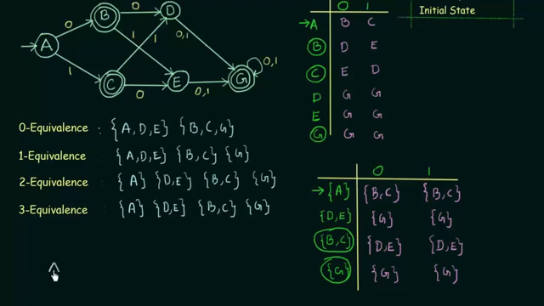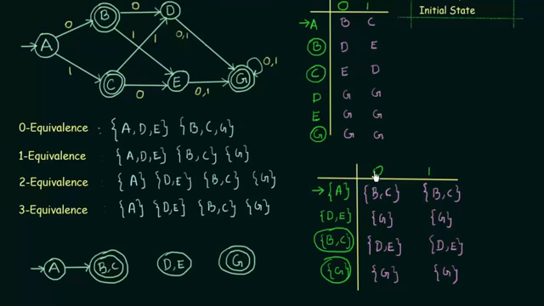So here we have A as my initial state or starting state, and then we have another state called BC. BC is another state, and let us know that BC is the final state, so I put two circles around it. And another state that I have is DE. And another state I have is G, and G is also a final state, so I have to put two circles around G. And A, on getting input 0 and 1, goes to BC.